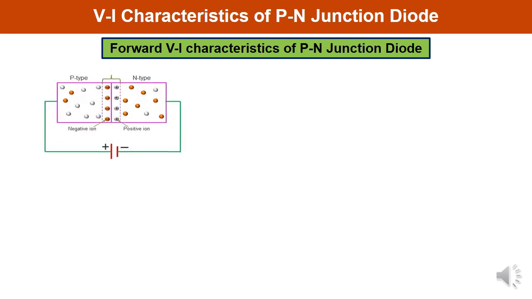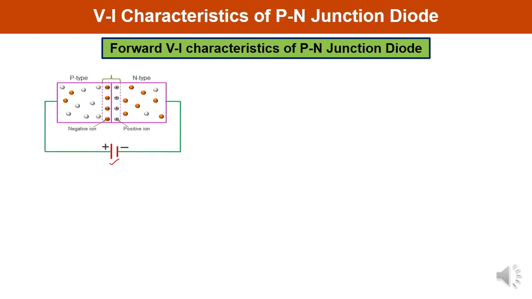You can see in this particular diagram, a PN junction diode is taken, and the P region, which is the anode, is connected to the positive terminal of the battery, and the cathode, which is the N type, is connected to the negative terminal of the battery. This particular biasing is known as forward biasing, and the diode is in the forward bias condition. In this case, the battery is pushing the current in the forward direction.